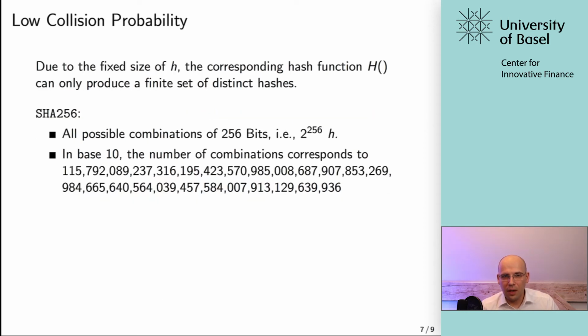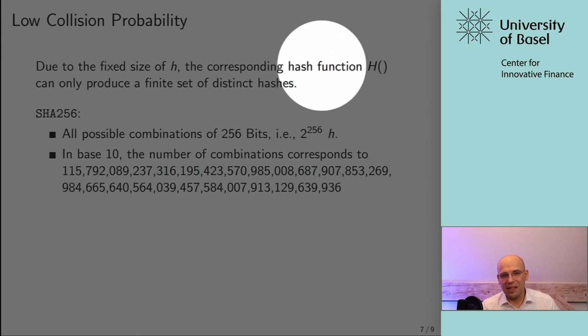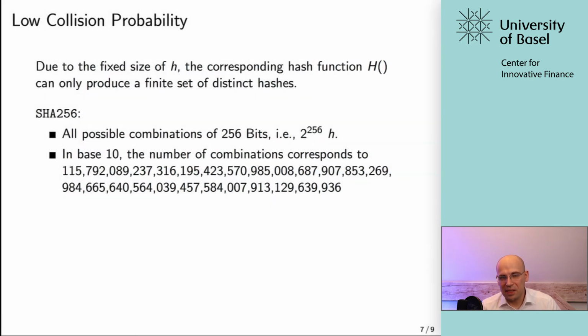So, the low collision probability we talked about. Of course, as I said, in theory, since there is a finite, closed set, there will always be collisions. I mean, when you have a certain set of potential solutions but quasi-unlimited input values, then of course there will be collisions.